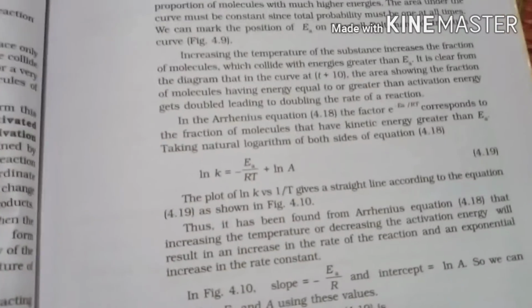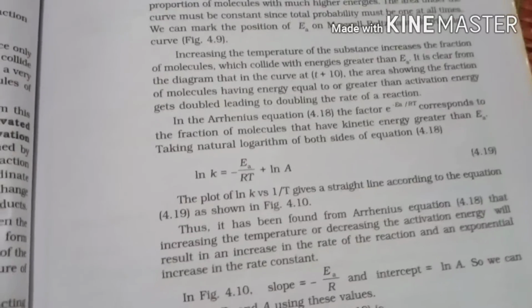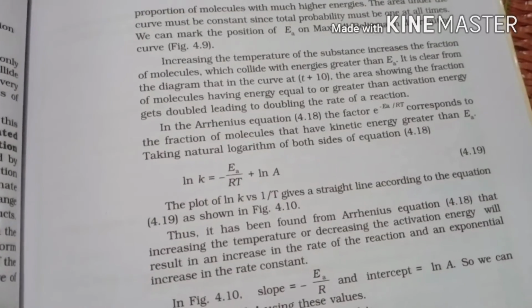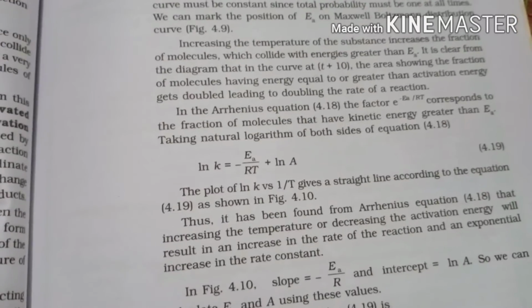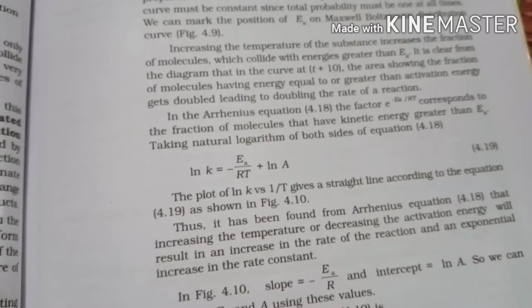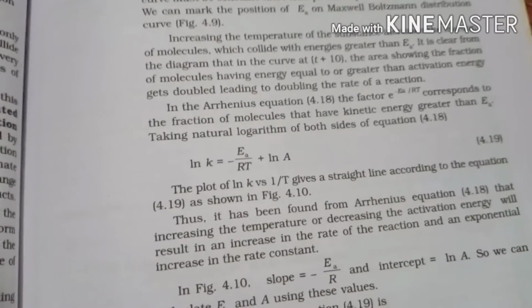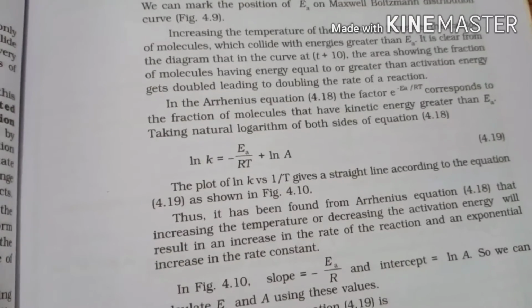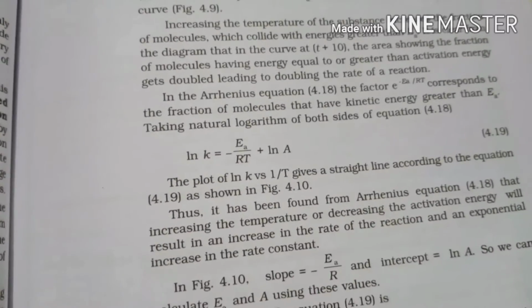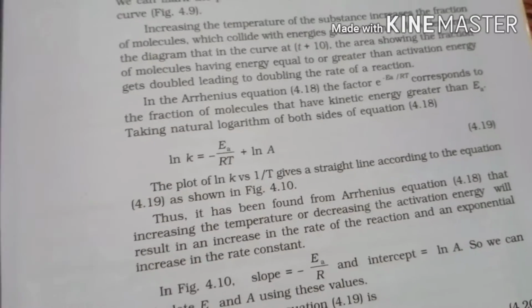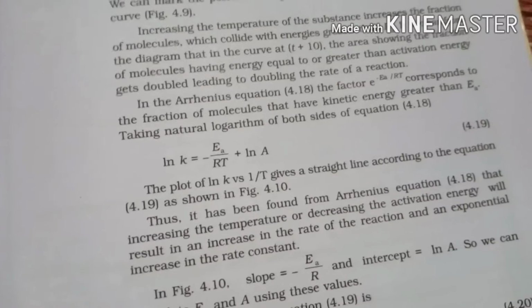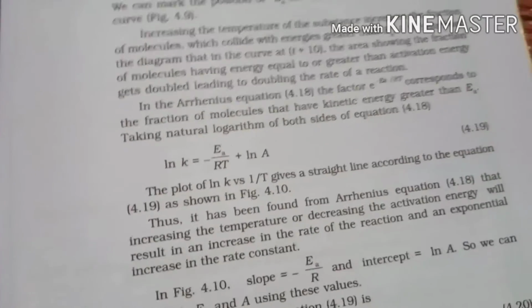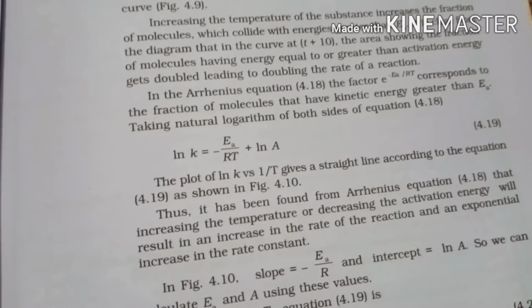Increasing the temperature or decreasing the activation energy will result in an increase in the rate of the reaction, and an exponential increase in the rate constant. Here the slope is minus Ea by R and the intercept is ln A.